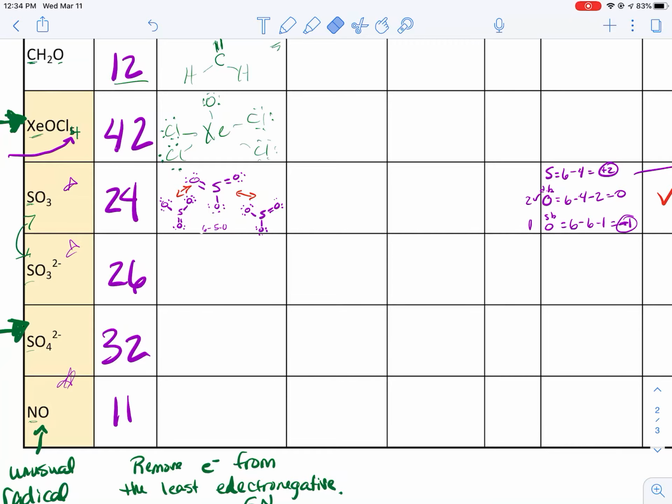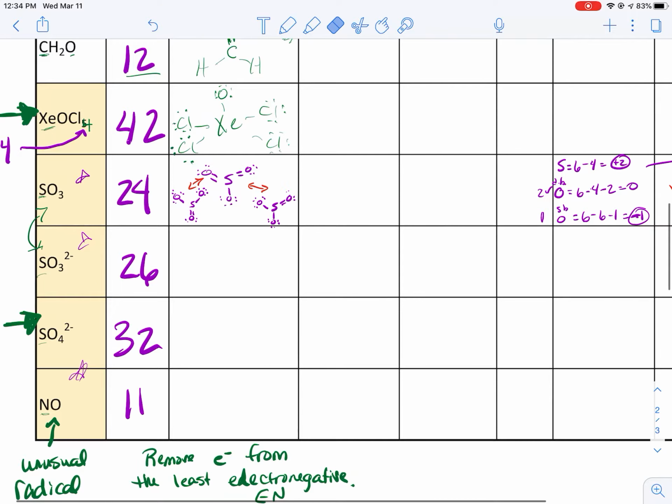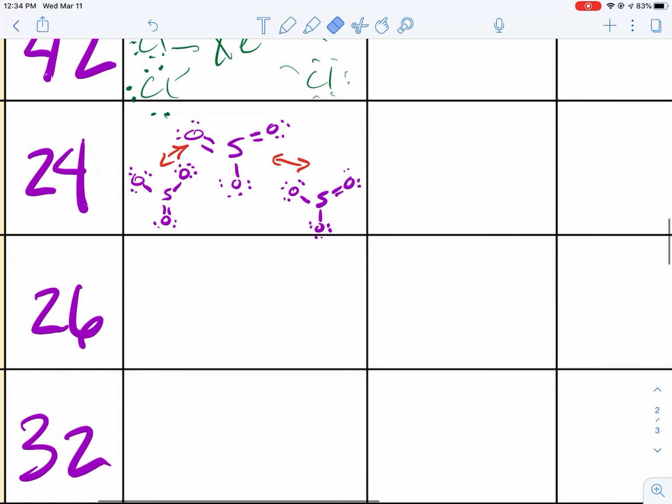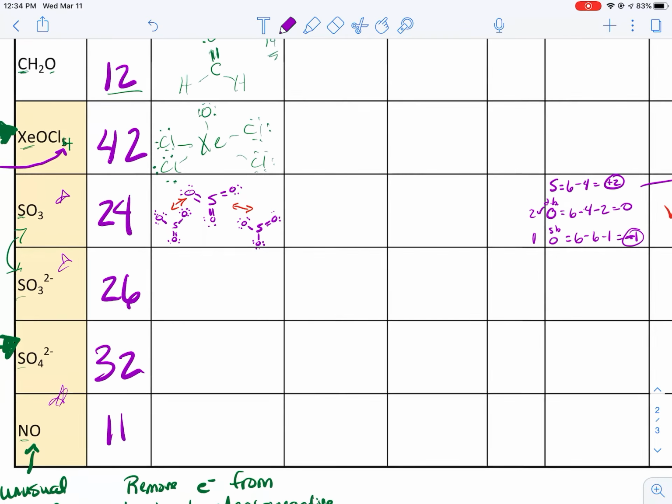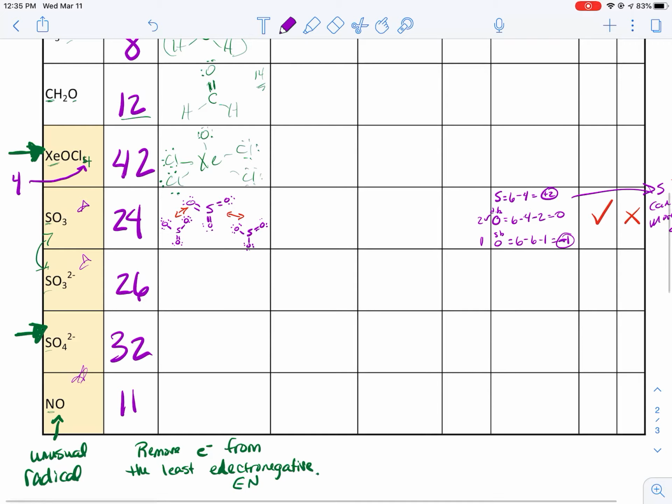You may be seeing this. Where do we need to go to get this guy all the way formal charge correct? Can we do more? We can. We're going to erase this, and we're going to do that. Now, check this out.